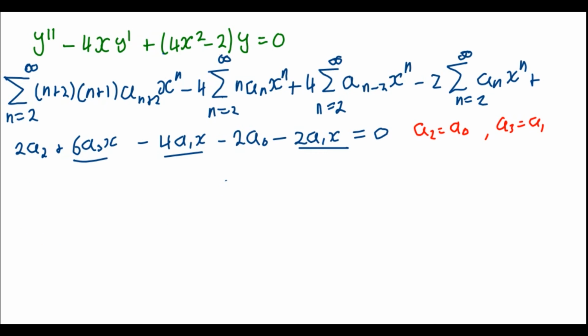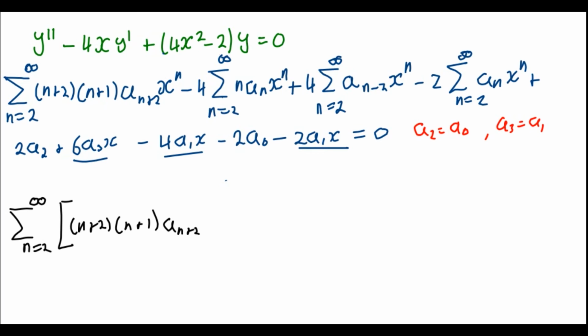Having done that, I'm just going to go ahead and write this as a single series, since they start from the same point and the power is the same for x. So this is going to be the summation, then your n is equals to 2, to infinity, like that. Then I'll put everything in these brackets. I'll say n plus 2, n plus 1, then that will be your a sub n plus 2.